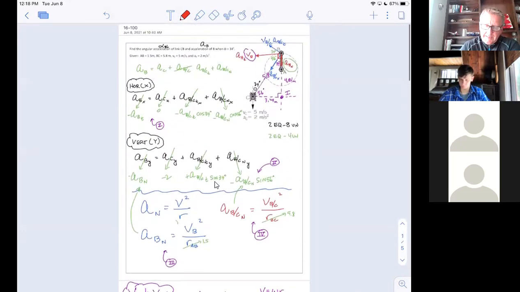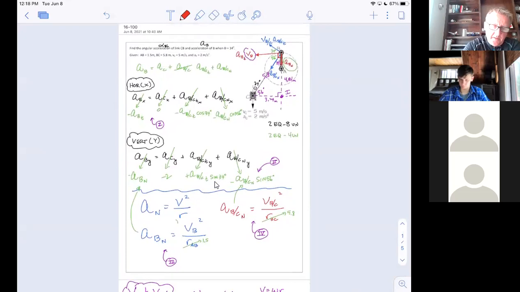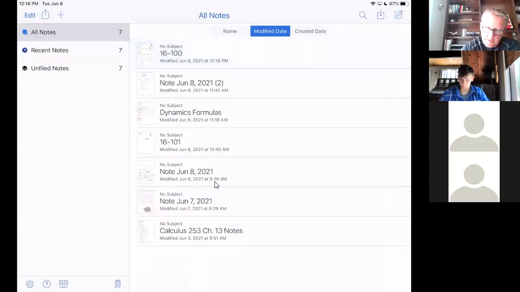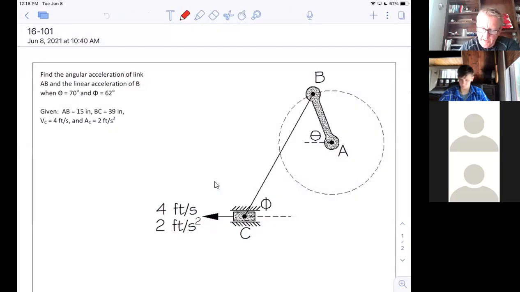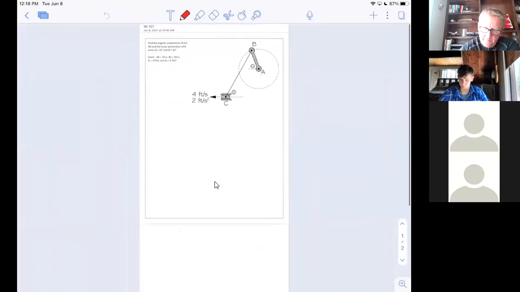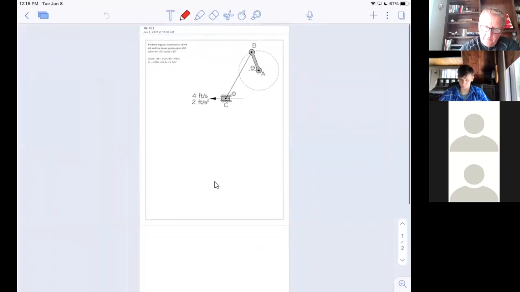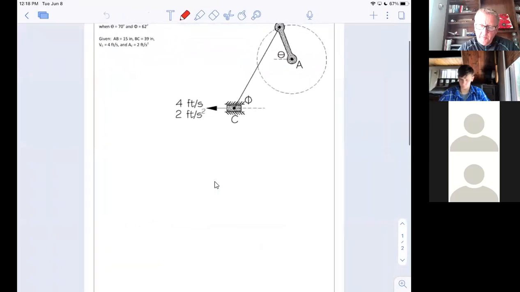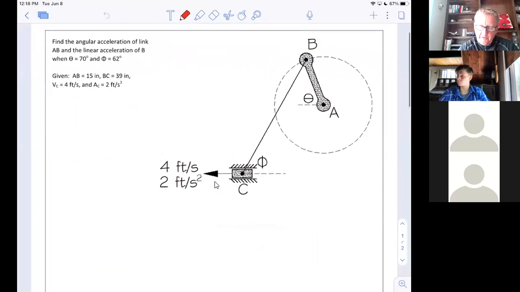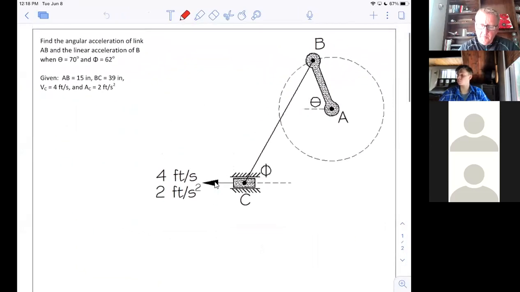So given that, what I would like to do on Thursday is look at this question, which is a real similar modification, just because I think it's going to help to see this more than one time. Notice this time the driver cylinder is actually moving to the left, which is still going to cause this to rotate in that direction.